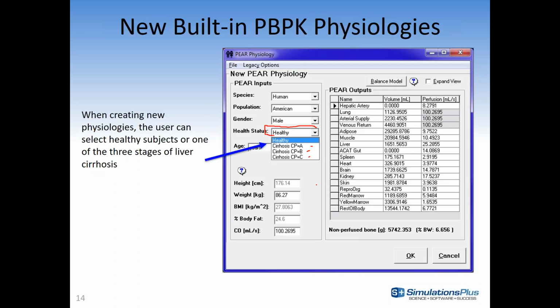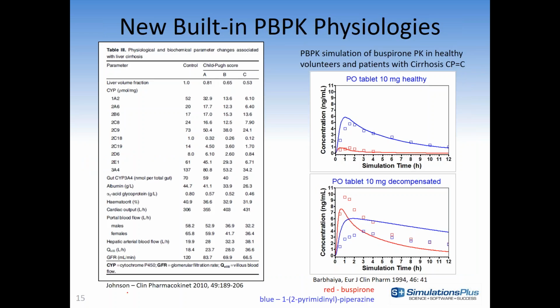And the built-in physiologies, or changes to physiology due to the hepatic impairment, are all based on published data. We've used mainly this publication by Johnson from 2010, where they nicely summarized all the systemic changes happening due to liver cirrhosis.